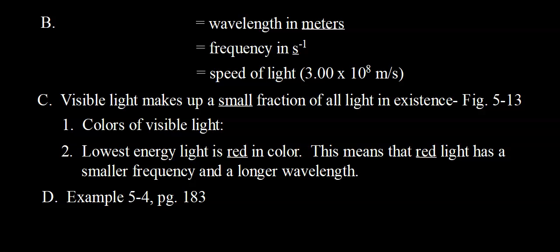Now, if you look at the top scale, the scale at the top is frequency in hertz. We have gamma rays at 10 to the 24th. We have long radio waves at 10 to the 0 hertz. So we see that frequency is increasing from right to left across the electromagnetic spectrum, at least the one shown in your book.